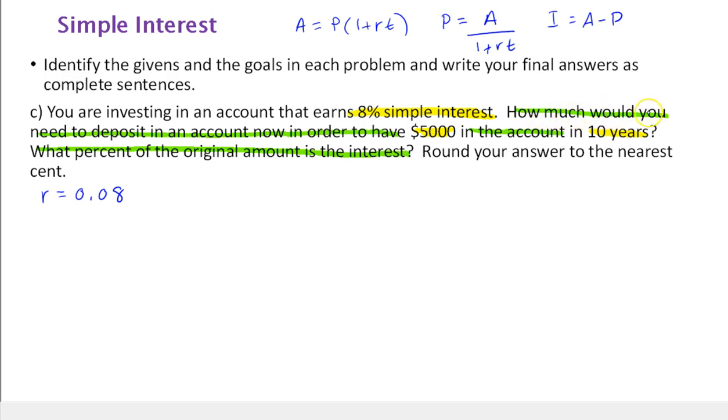So how much would you need to deposit in an account now in order to have $5,000 in the account in 10 years. So notice this isn't how much you're investing, this is how much you'll have after 10 years at 8% simple interest. This is what the value A represents, the future amount. So we have a future amount of $5,000, and here we're told the time is 10 years.